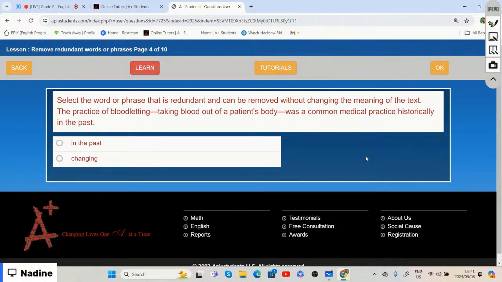All right. The practice of bloodletting, taking blood out of a patient's body, was a common medical practice historically in the past.